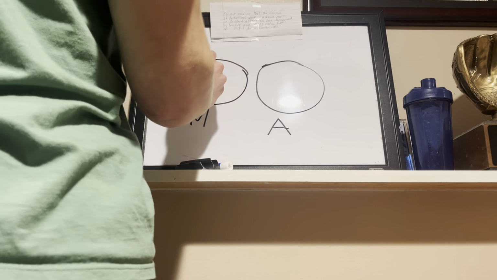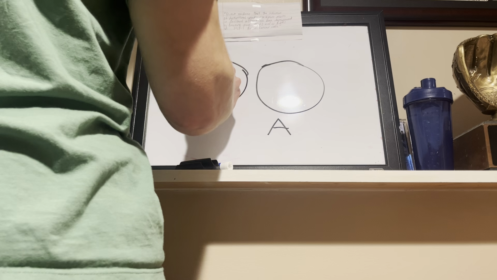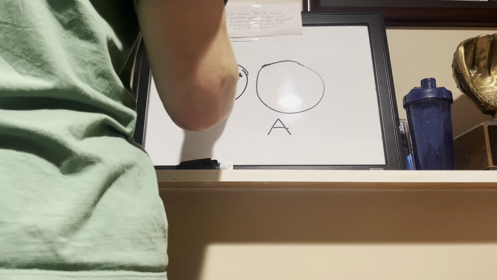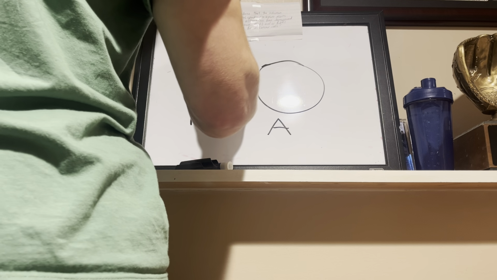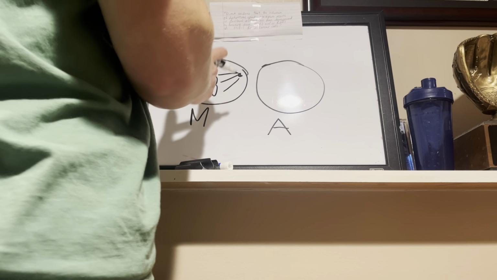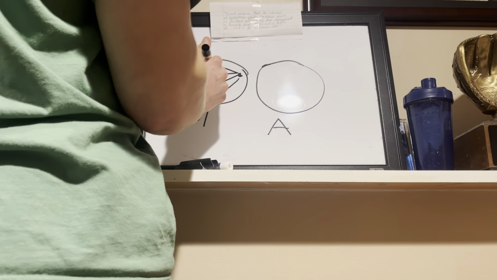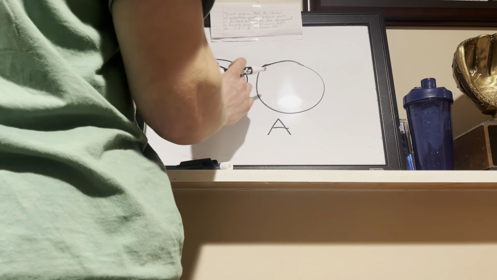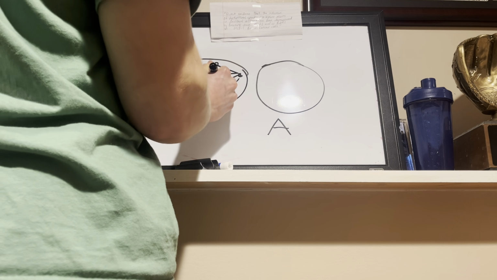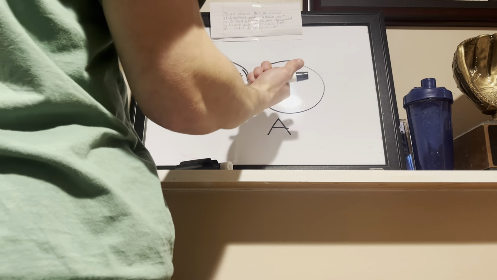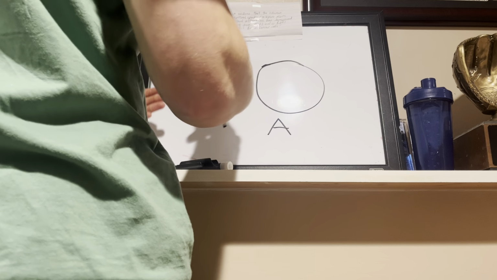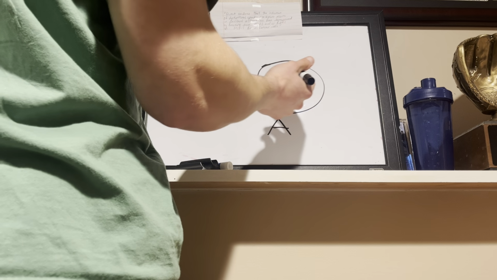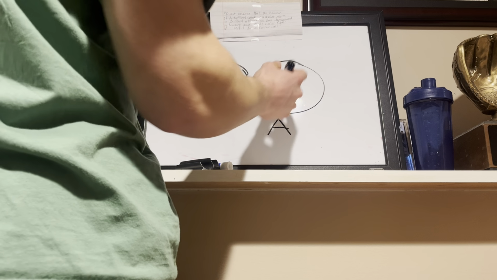So in a normal cell, what will happen is the chromosomes will just line up as they should in a perfect orientation along the metaphase plate in the middle. And as they move into anaphase, these spindle fibers are going to pull these chromosomes apart, getting the cell ready to divide and actually replicate, which is coming soon in telophase and cytokinesis.